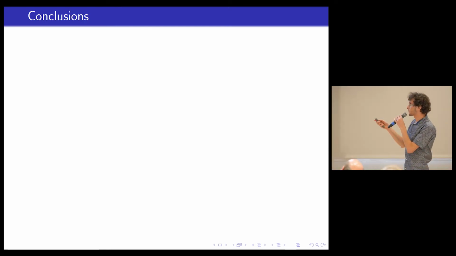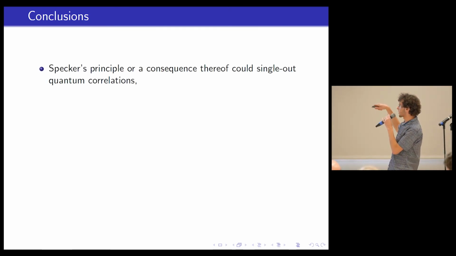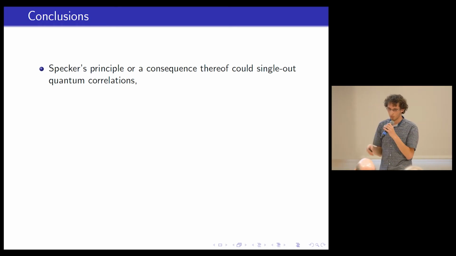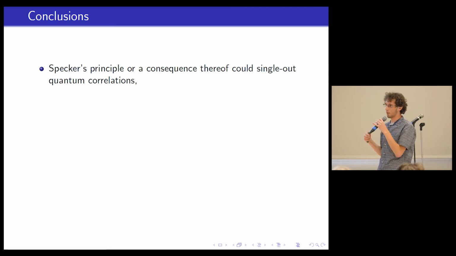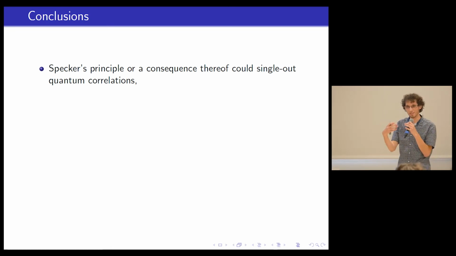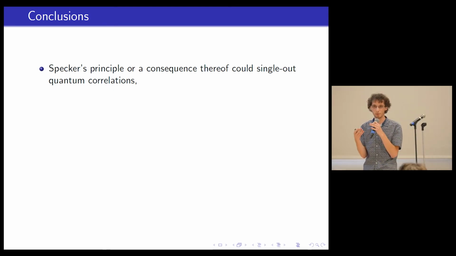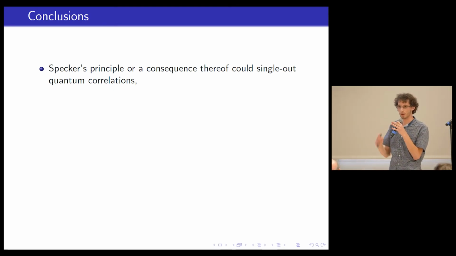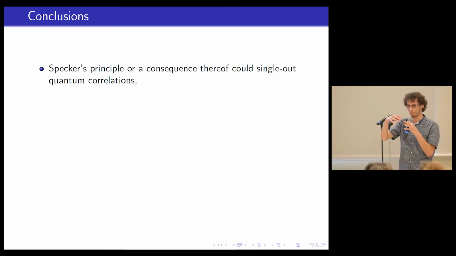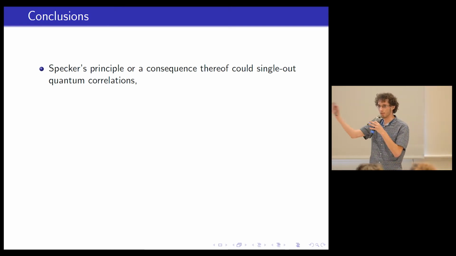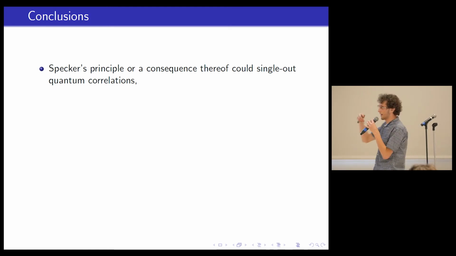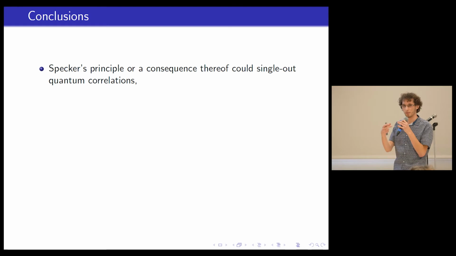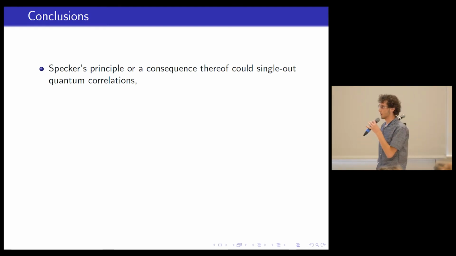And with this, I would like to conclude. So one of the consequences of all this is that the Specker's principle becomes kind of reinstated as a possible principle that could help pick out the quantum correlations from the set of all correlations, or maybe more reasonably, it could be some device-independent consequence of Specker's principle at the level of correlations.